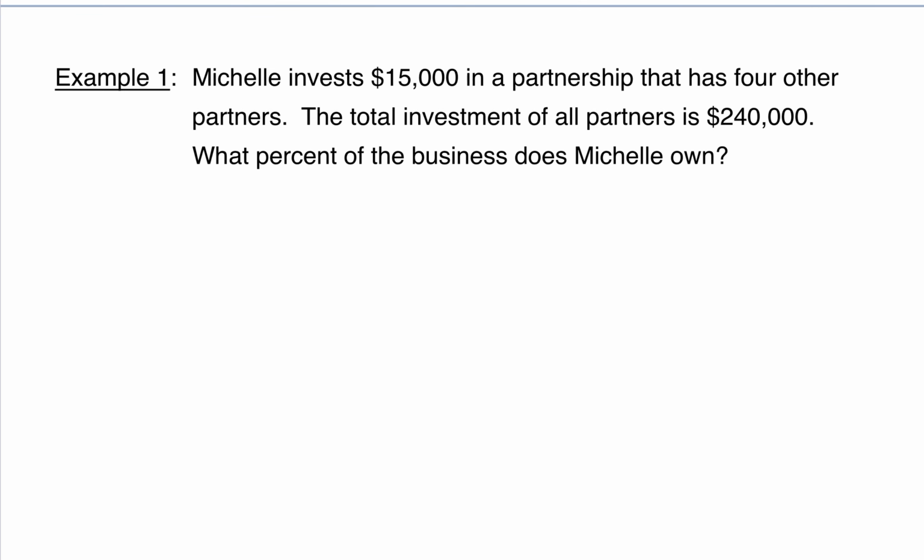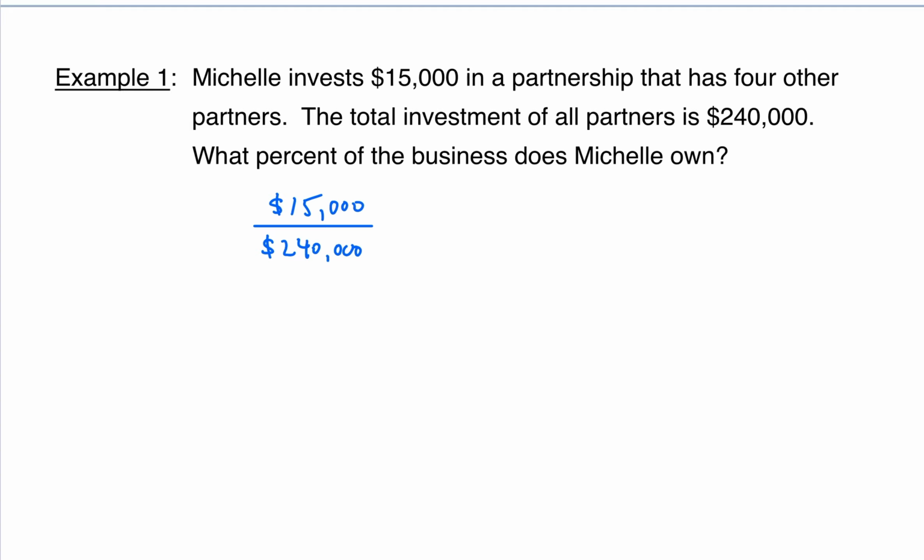So in this example, example 1, we have Michelle who invests $15,000 in a partnership that has 4 other partners. The total investment of all partners is $240,000. What percent of the business does Michelle own? Okay, so to calculate this, we would take her investment, which is $15,000, and we divide that by 240,000, which is the total amount of investment.